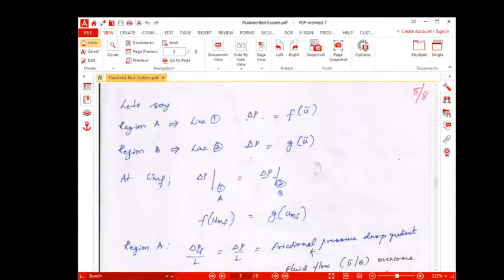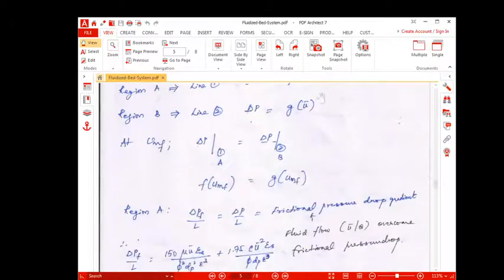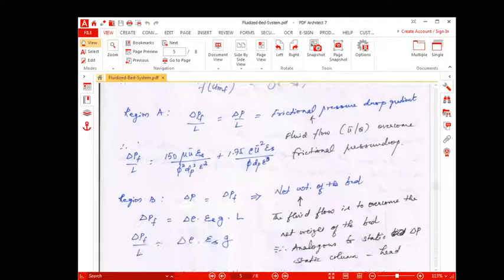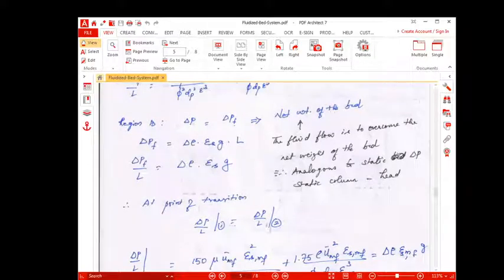So now we have already seen that this transition point is satisfied when these two curves meet. So these two expressions should be the same. The pressure drop calculated by the Ergun equation and the pressure drop calculated by this net weight should both be the same at this point of transition.